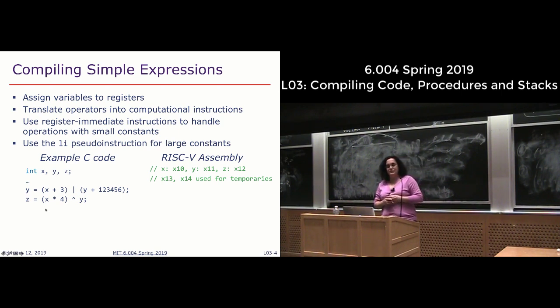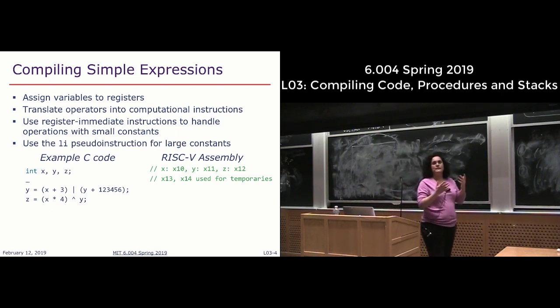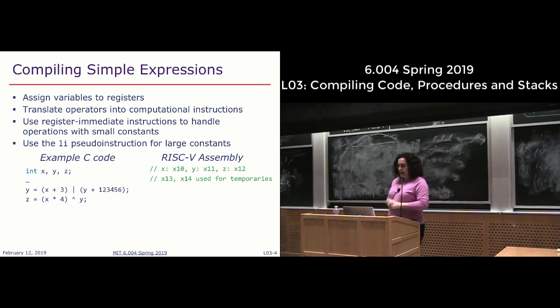Okay, so the first thing that I need to do is I need to assign my variables to some registers. And so in this example, we're going to assign x to x10, y to register x11, and z to register x12. Okay, and then I'm going to take this complicated operation, and as we mentioned, we're going to split it up into simpler operations that can be expressed as 2 source operands and 1 destination operand.